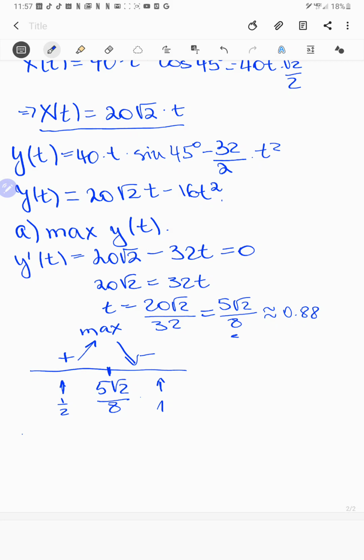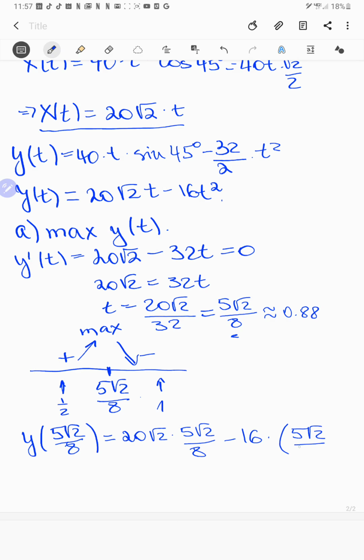So we need to plug that value back into the height function, which would be y of 5 square root of 2 over 8, which is 20 square root of 2 times 5 square root of 2 over 8 minus 16 times 5 square root of 2 over 8 squared.